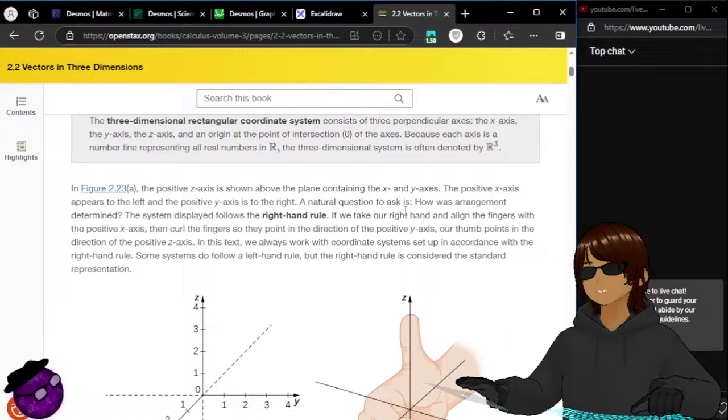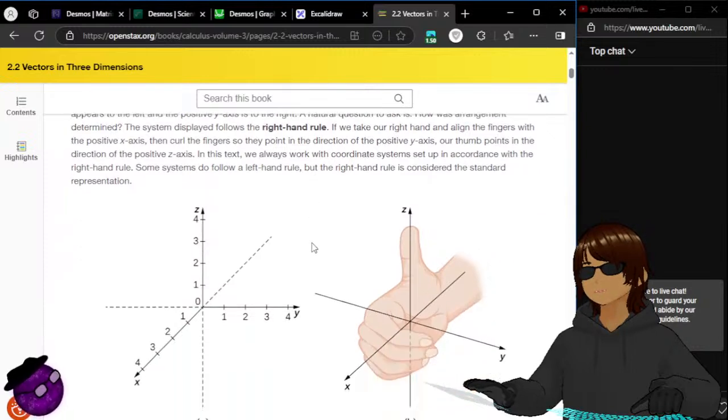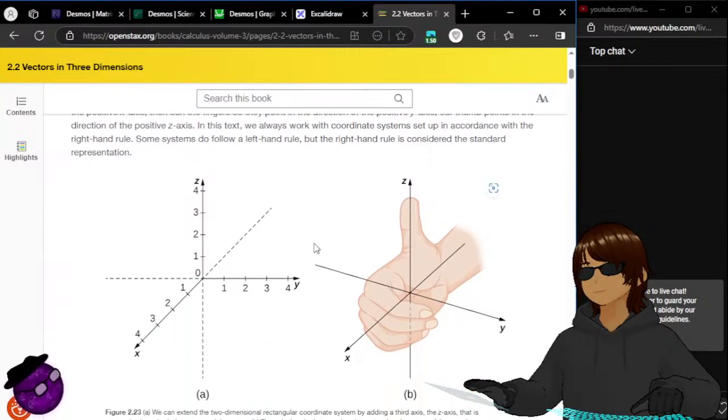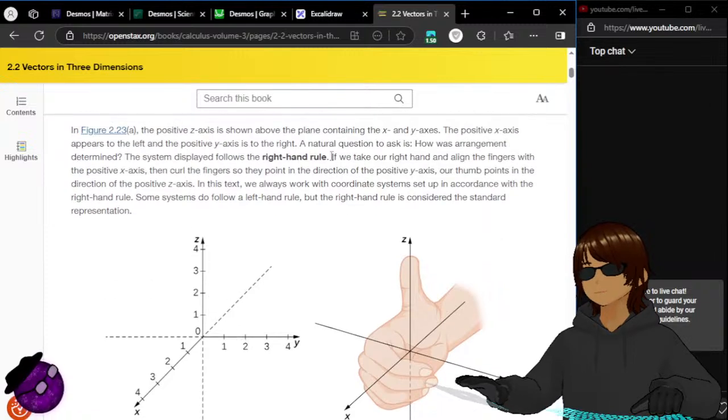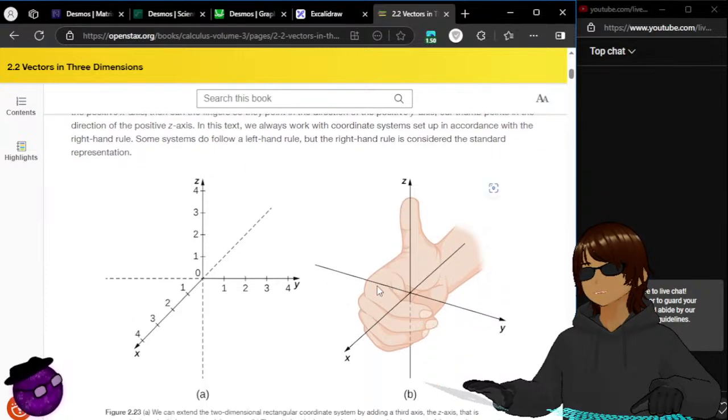Now, the question is, how was the arrangement determined? The system displayed follows the right-hand rule. So what's the right-hand rule? We take out our right hand and align the fingers with the positive x-axis. I think the fingers are supposed to be open here, pointing at the positive x-axis.